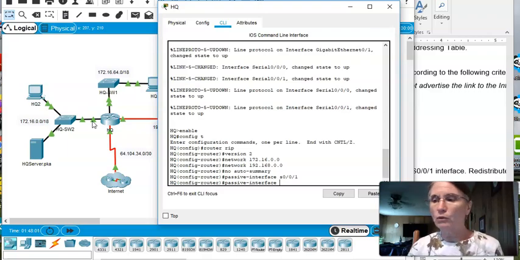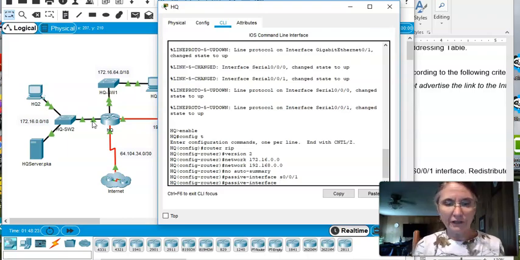to our 172.16.0.0/18 network, which will be our G0/1 interface.